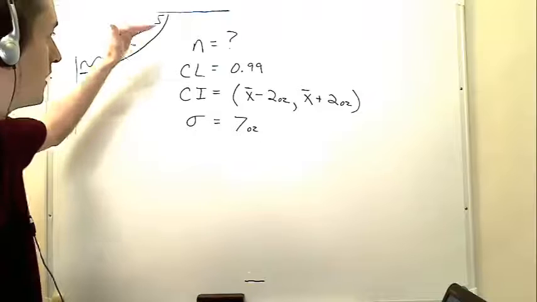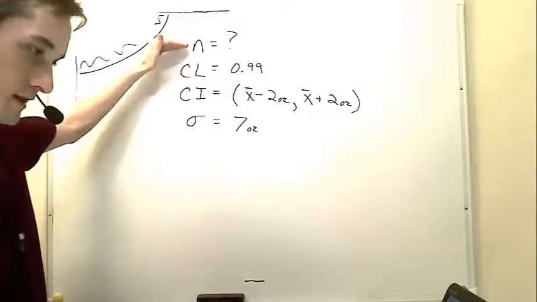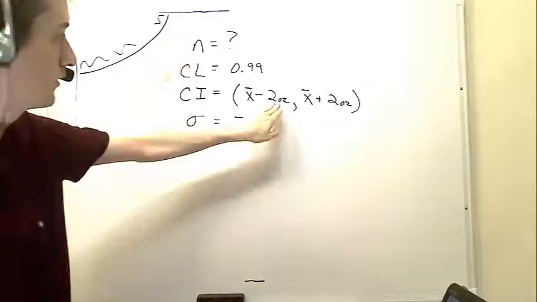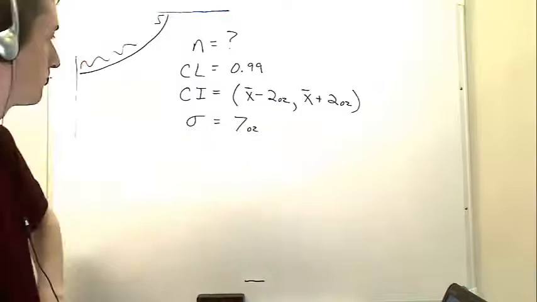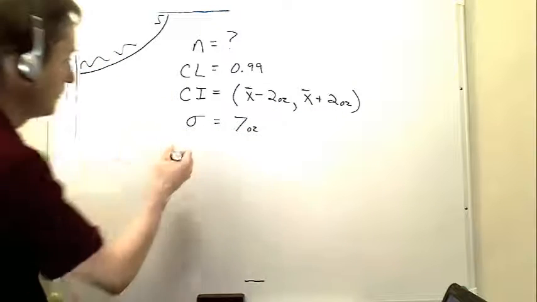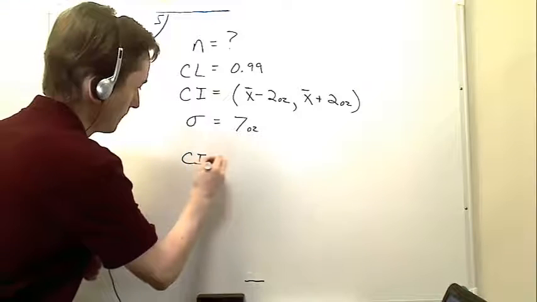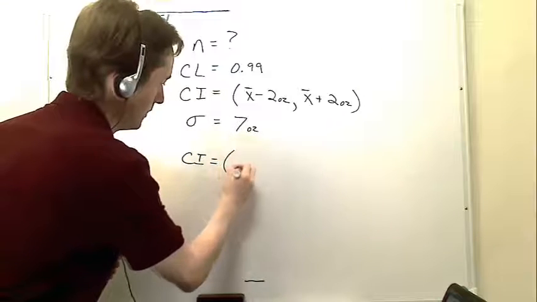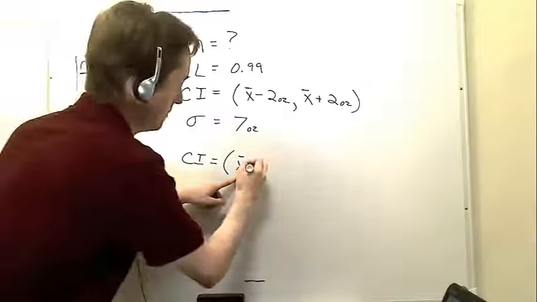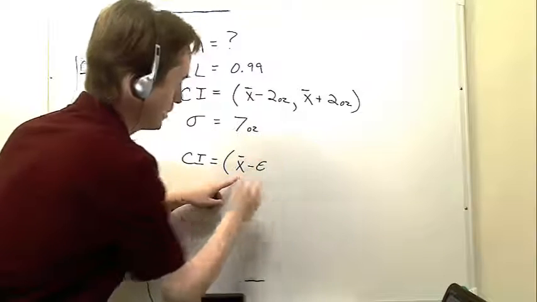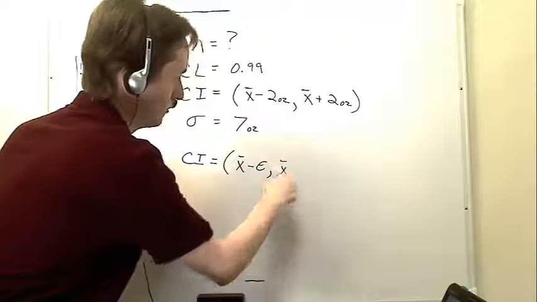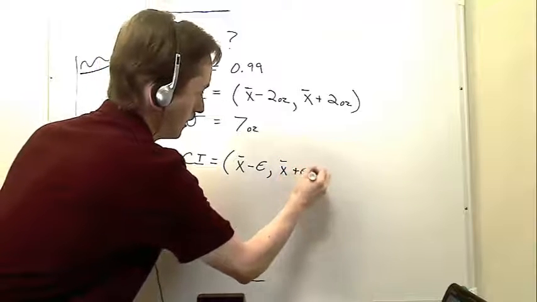So how do we find our sample size to produce this interval? The equation for our interval is usually our sample mean minus our margin of error to our sample mean plus our margin of error.